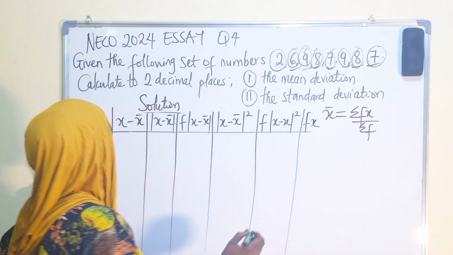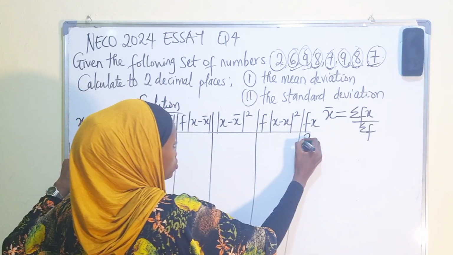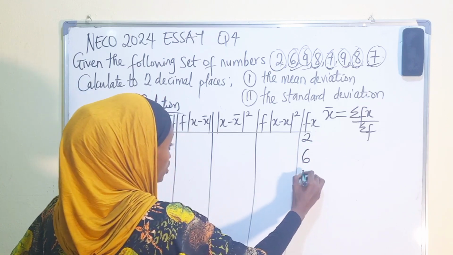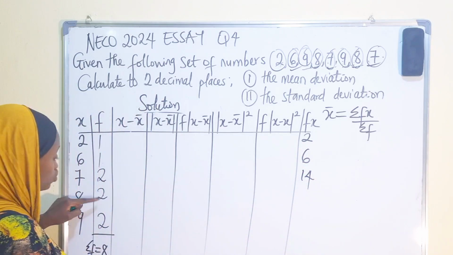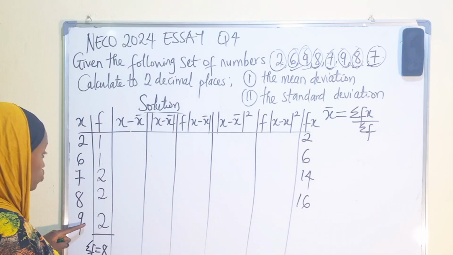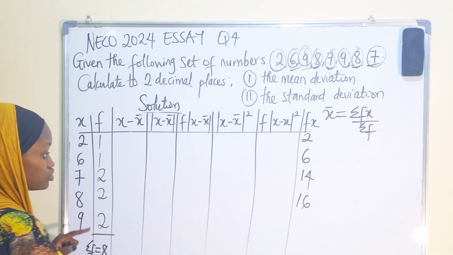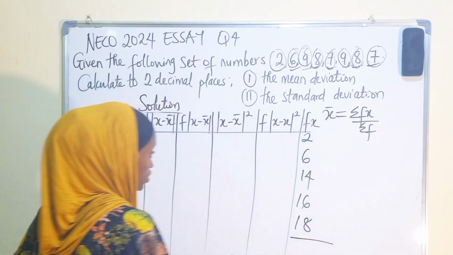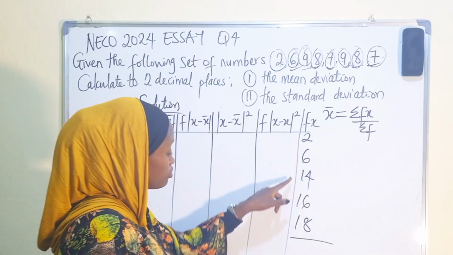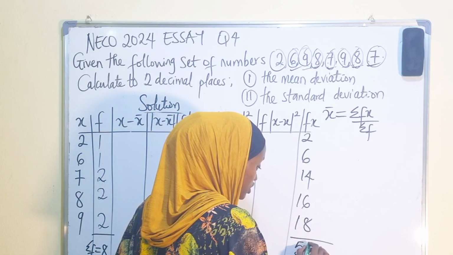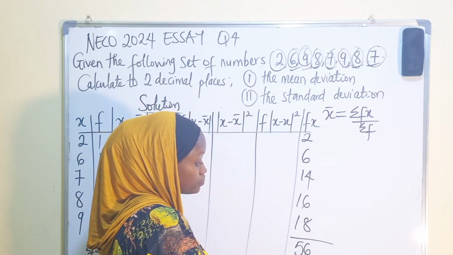F of x: 2 times 1 gives us 2. 6 times 1 is 6. 7 times 2 is 14. 8 times 2 gives us 16. Then the last one, 9 times 2 here gives us 18. So this is the value for f of x. 2 plus 6 plus 14 plus 16 plus 18 will give us a total value of 56, all right?